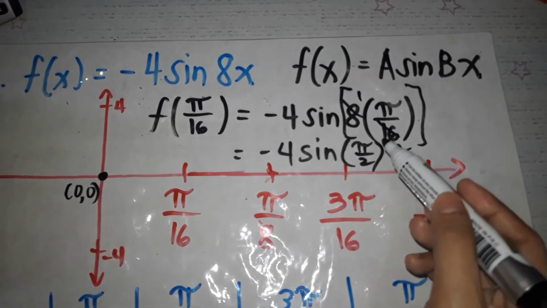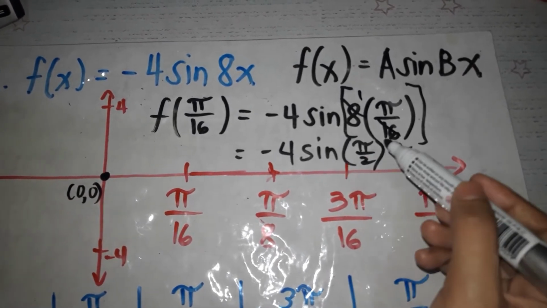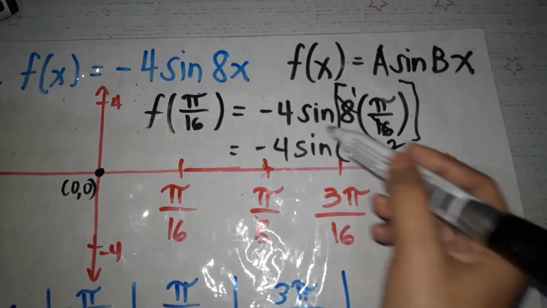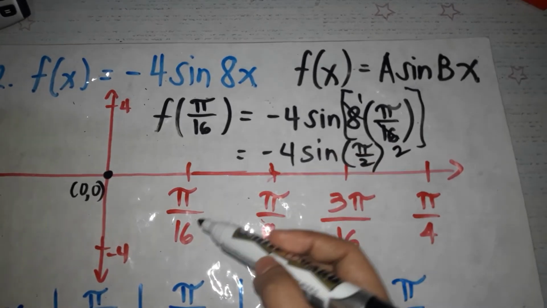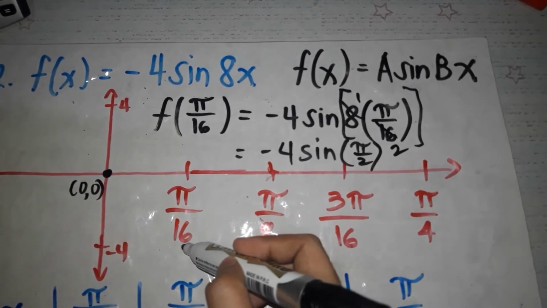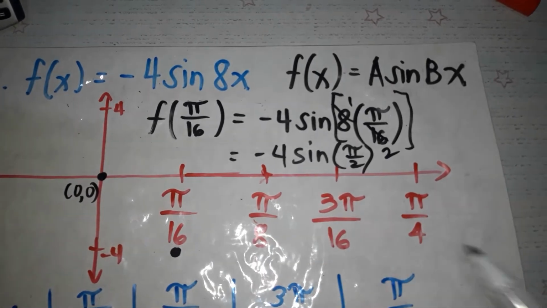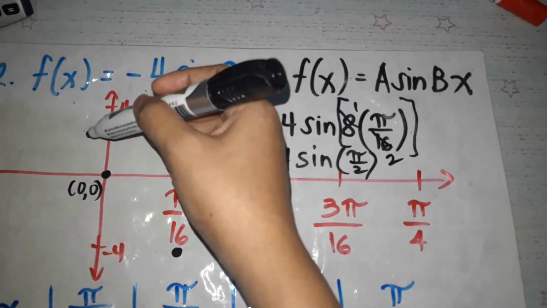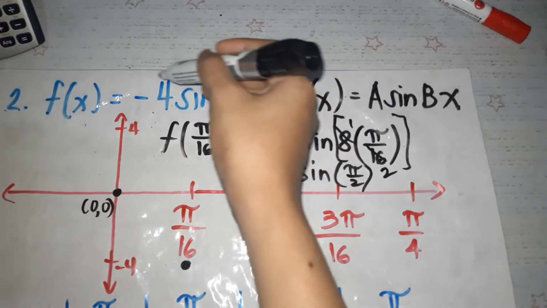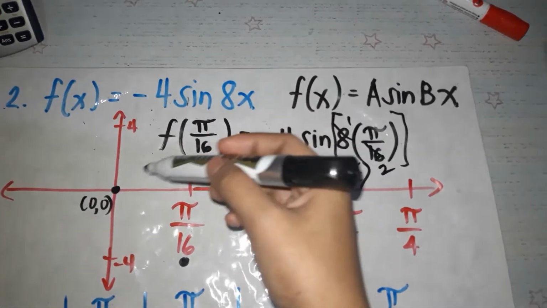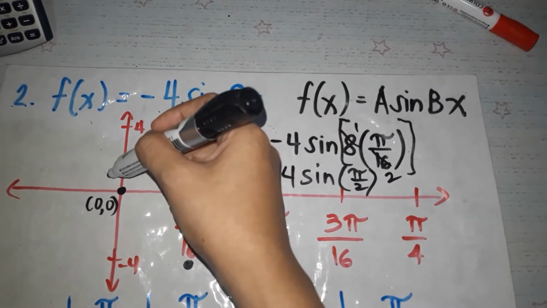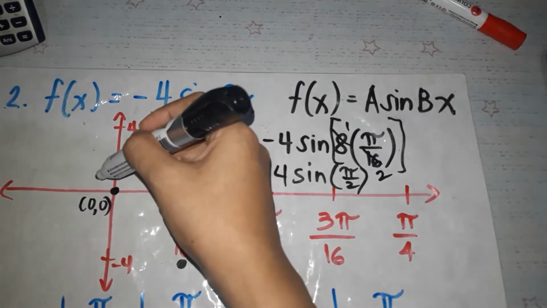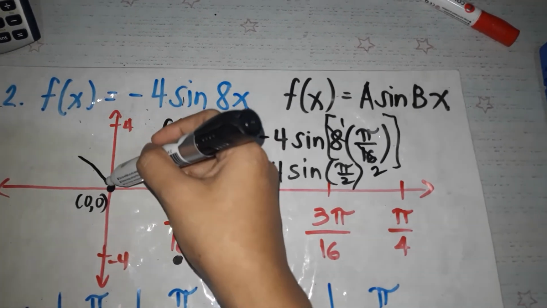So sine of pi over 2 is 1, times negative 4. So we have pi over 16 and -4. Since the coefficient a is negative, we have to go down. So the direction goes down.